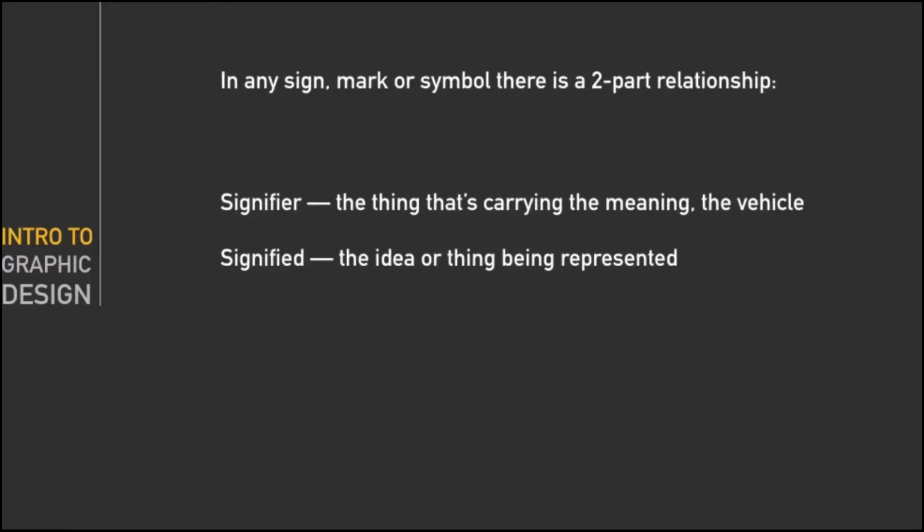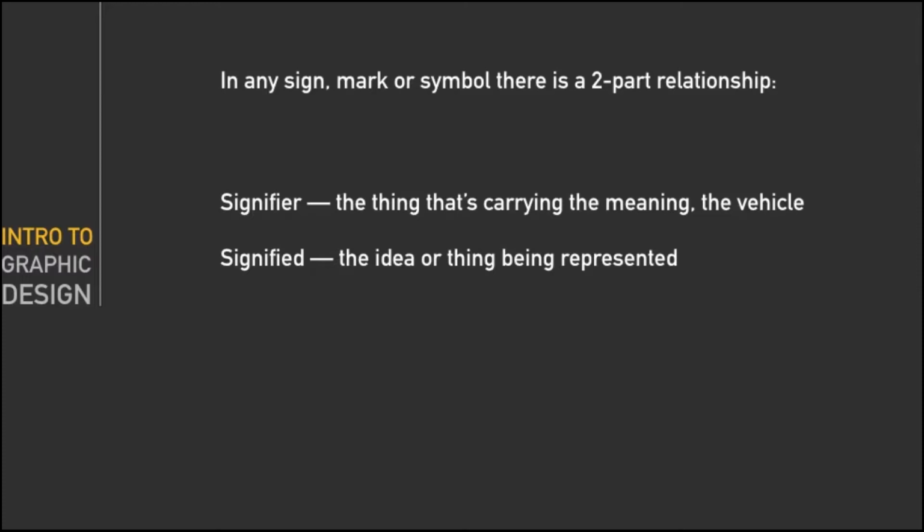Whenever you design a logo, or actually any graphic environment for that matter, there is a two-part relationship. First, there is the thing that you've designed, which is the signifier, the thing that actually conveys or communicates the meaning. It's the vehicle. It's the thing that gets us from point A to point B between our clients and their clients or customers.